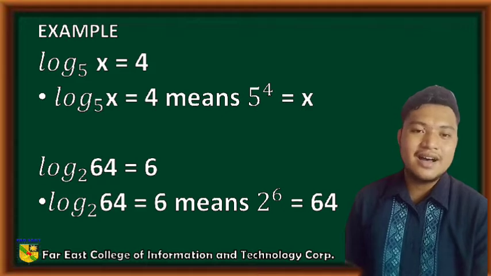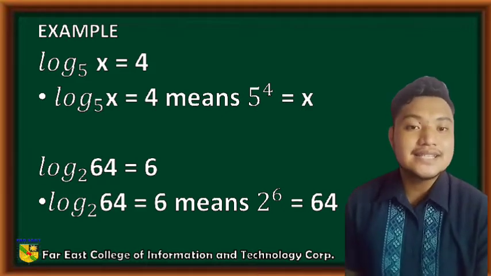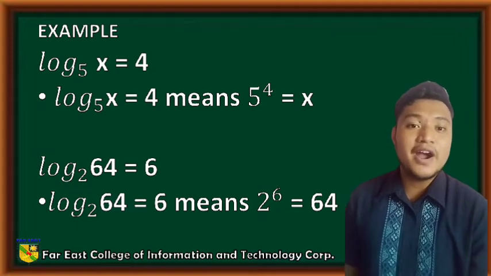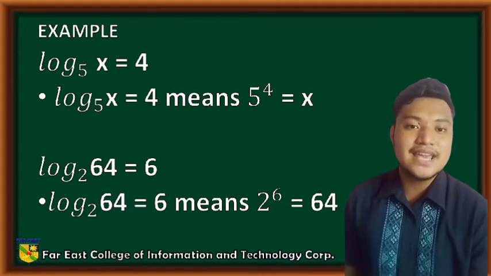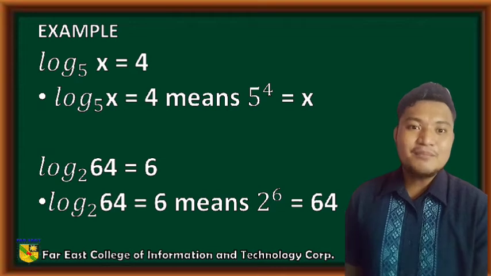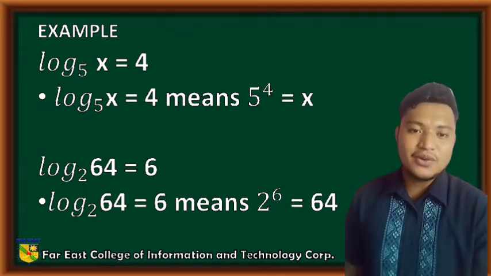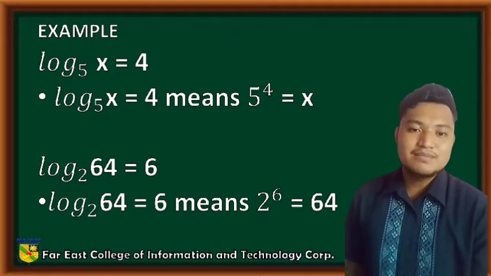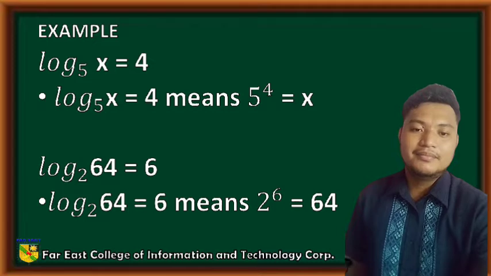What is the exponent? 6. Kasi nasa labas ni logarithmic. And then, ano yung equal to? Ano yung variable? Yung nasa labas? 64. So, eto po kung paano yung evaluate or pag-transpose from logarithmic form into the exponential form.